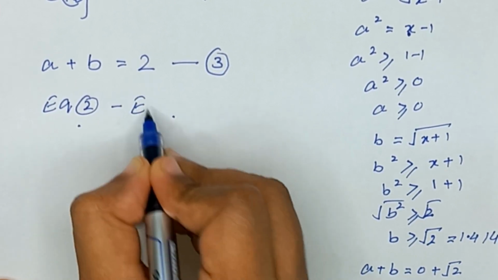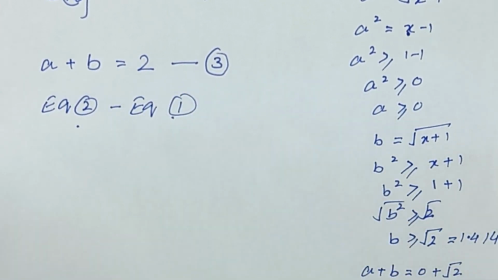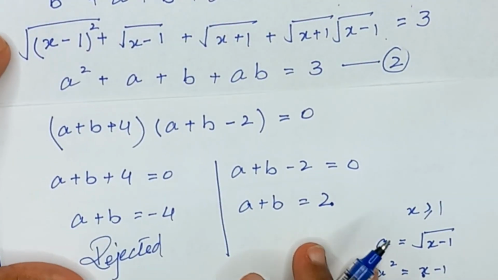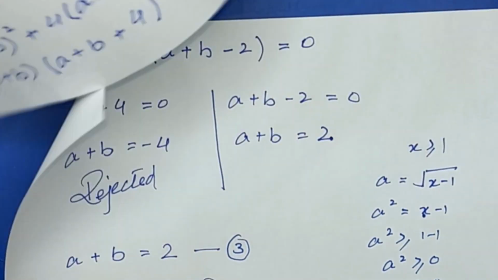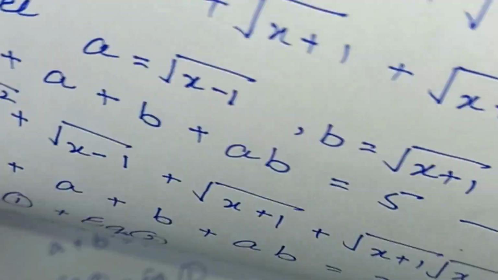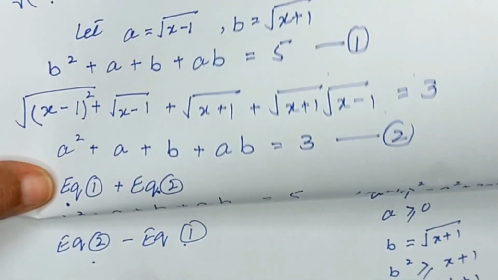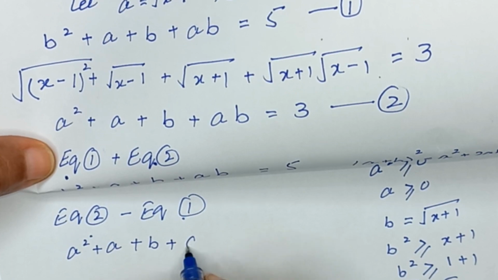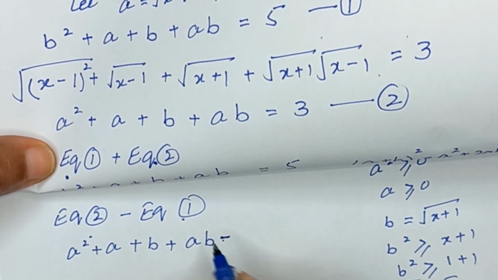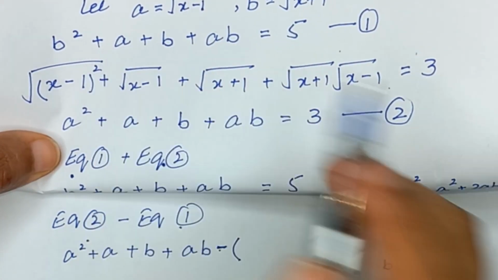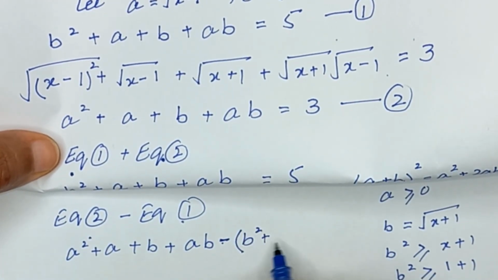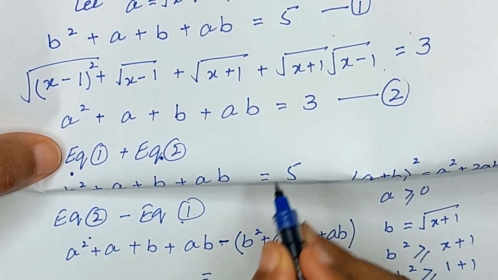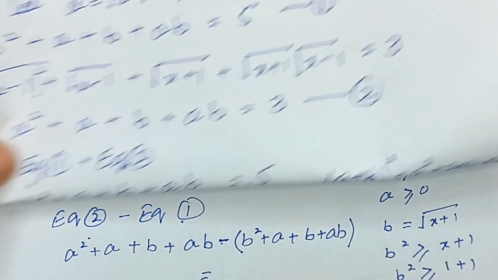So equation number 2 is A square plus A plus B plus AB, minus equation number 1, which is B square plus A plus B plus AB, and it will be equal to 3 minus 5.